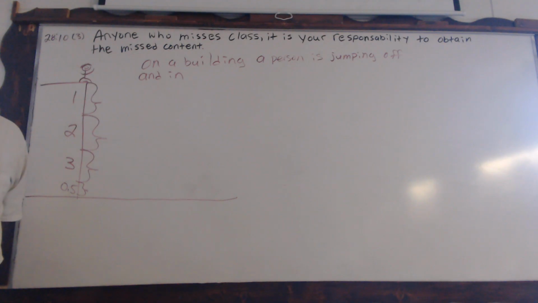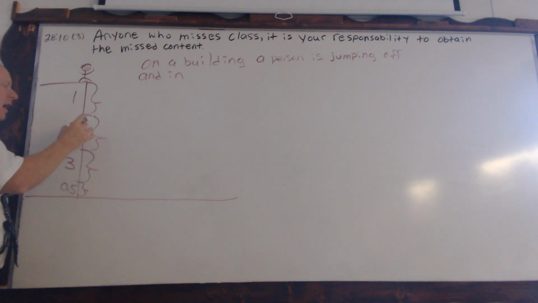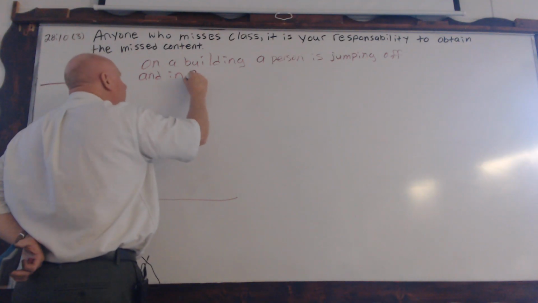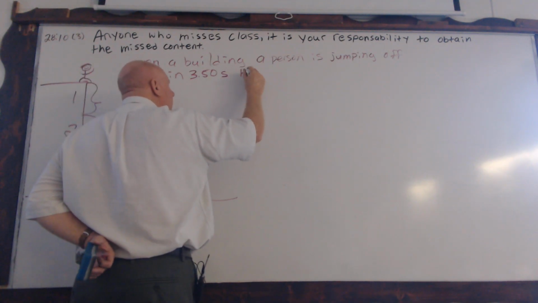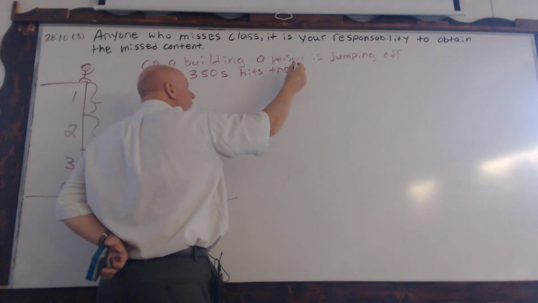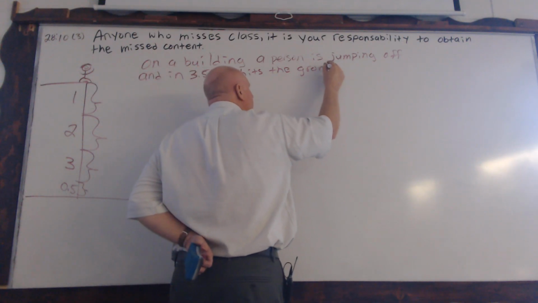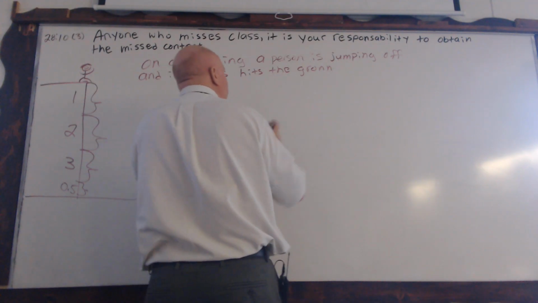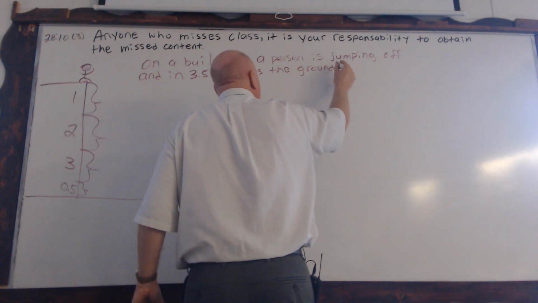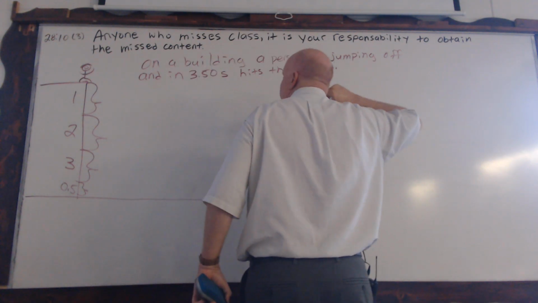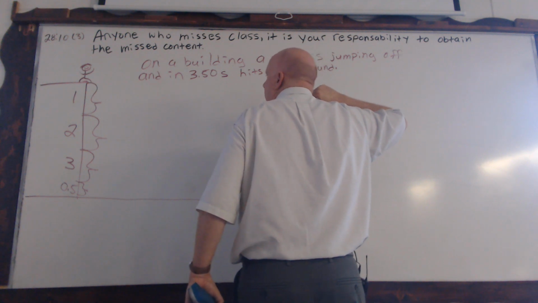It's not going to be exactly 3.5, but because of the path that they travel, how many total seconds have gone by? 3.5. 3.50. Hits the ground and they survive.